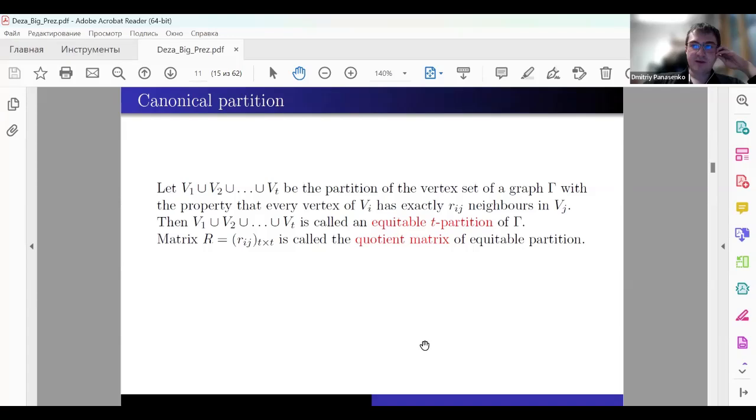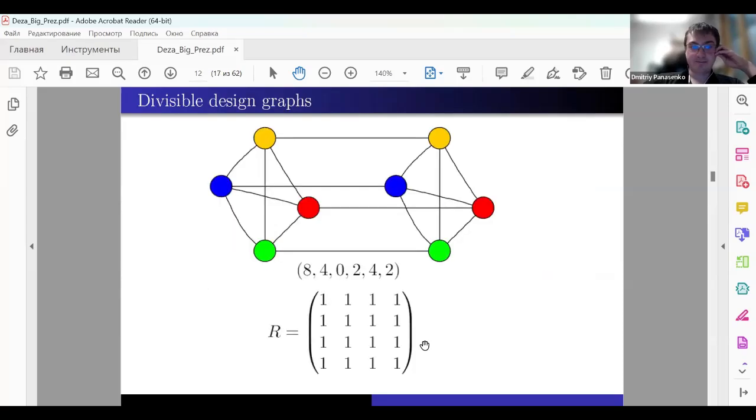Then this partition V1, V2, etc., Vt is called an equitable t-partition of graph gamma. The matrix with these coefficients Rij is called the quotient matrix of the equitable partition. The partition from the definition of the divisible design graph is actually equitable, and we will call this partition a canonical partition.